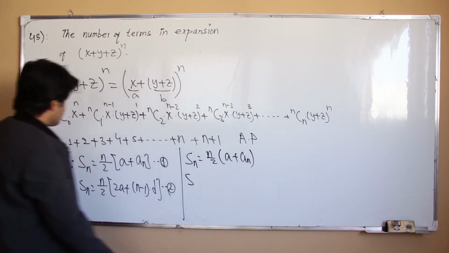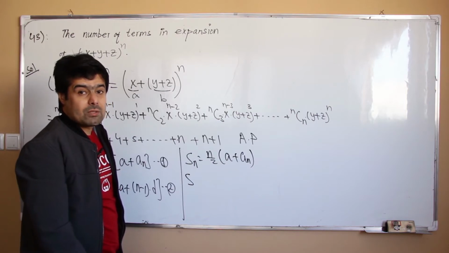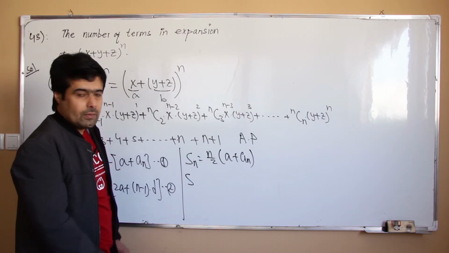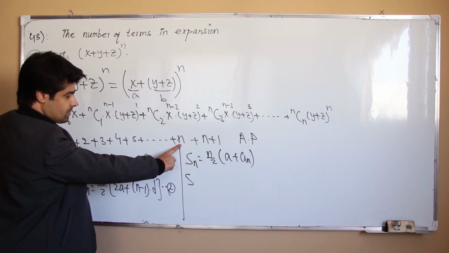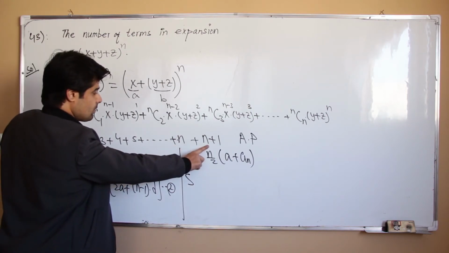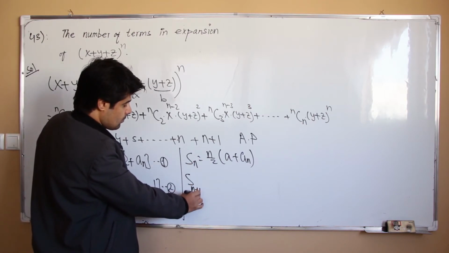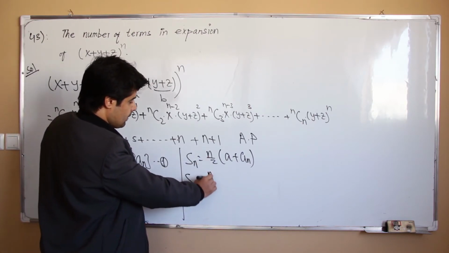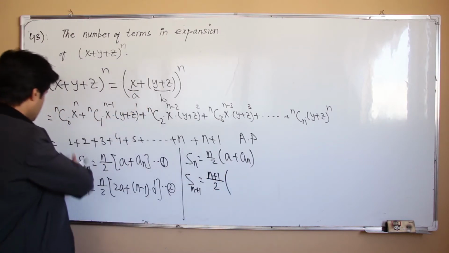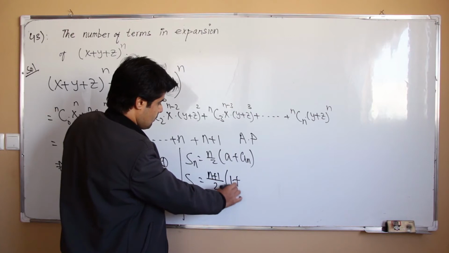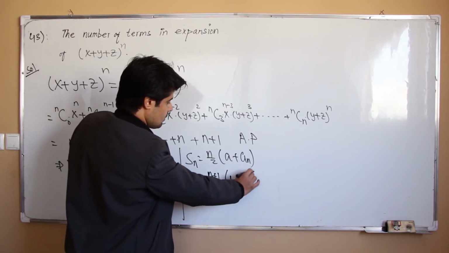Now, how many terms do we have from 1 up to n plus 1? Listen, up to here we have n terms, and up to the last one we have n plus 1. So n becomes n plus 1, divided by 2, and instead of a it is 1, plus, and instead of an it is n plus 1.